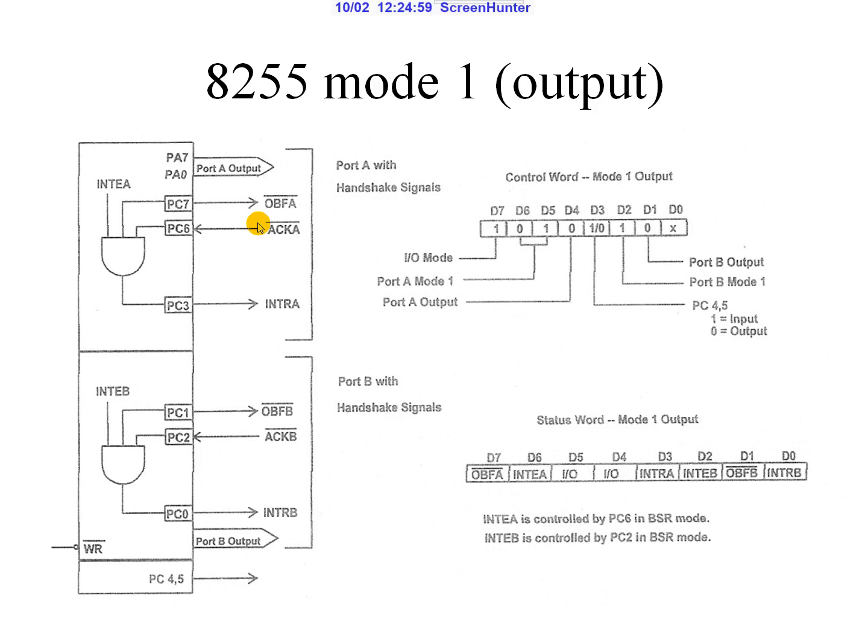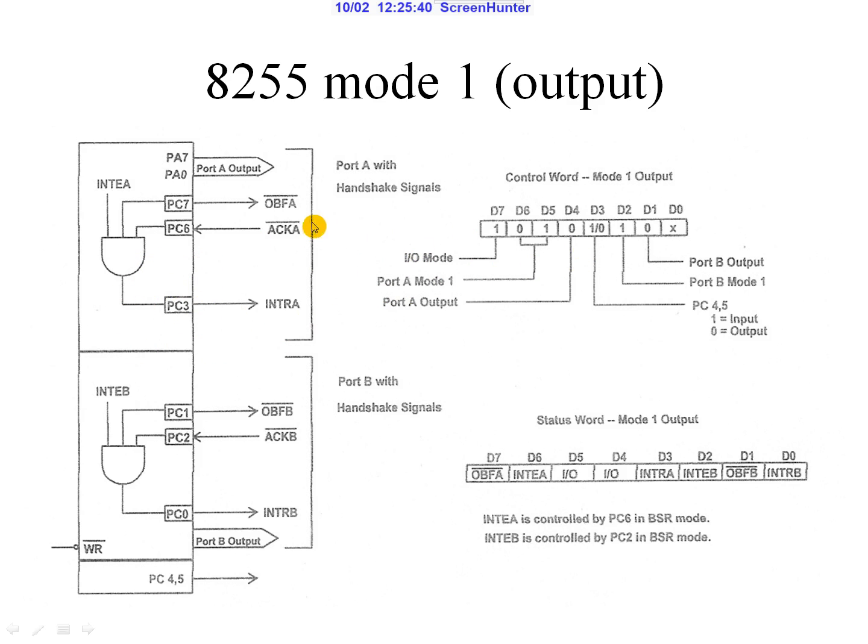So by checking PC7 or PC1, we can be informed that the output buffer of the external device connected to these pins is being filled, so the communication has to be stopped. That is understood by the microprocessor when communication is established between the microprocessor and the external device. So for that purpose we use the output buffer full operation.